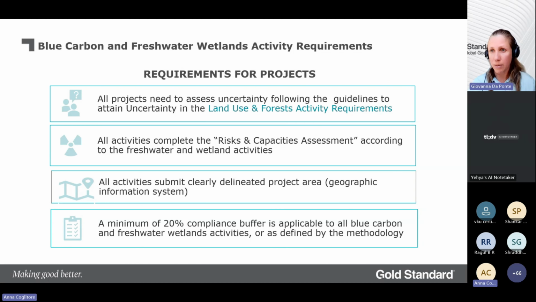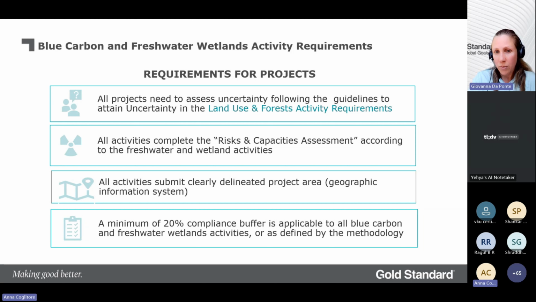Then, all activities need to complete the risk and capacities assessment according to the freshwater and wetland activities. This will be shortly introduced by my colleague in the next slides.